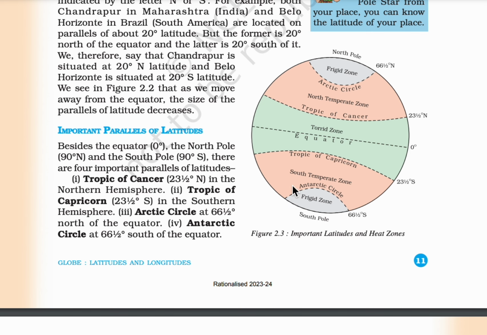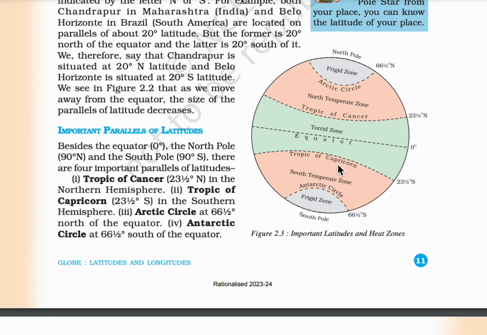So till now we have learned latitudes, equator, Tropic of Cancer, Tropic of Capricorn, Arctic Circle, Antarctic Circle, North Pole and South Pole. I hope you got a clear idea of all these basic topics.